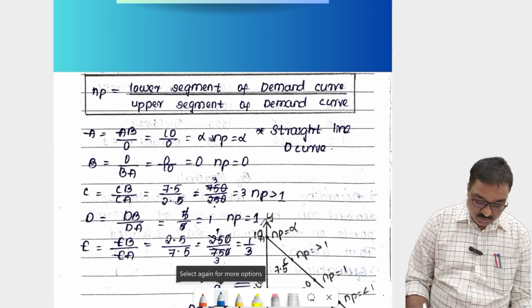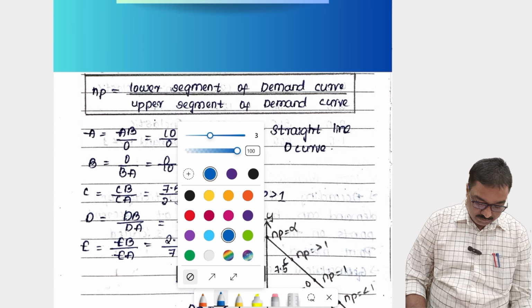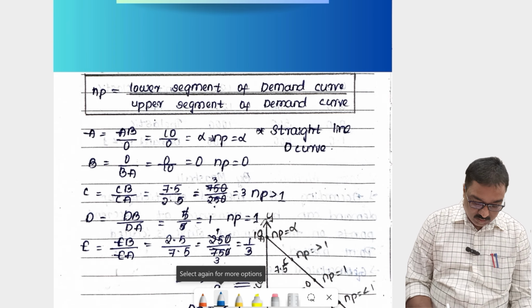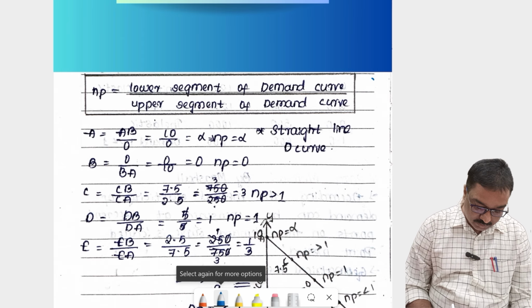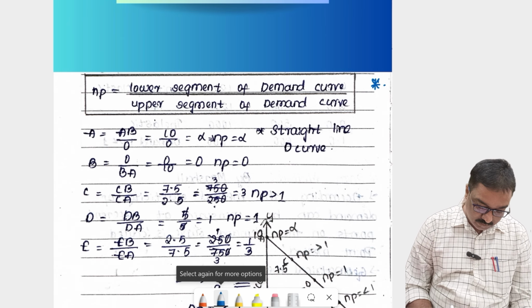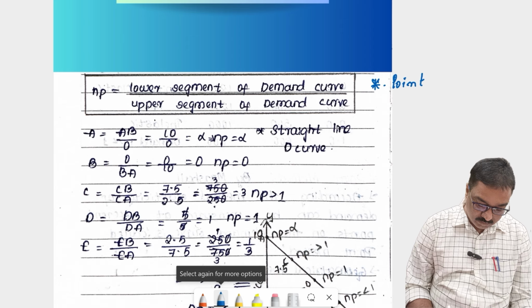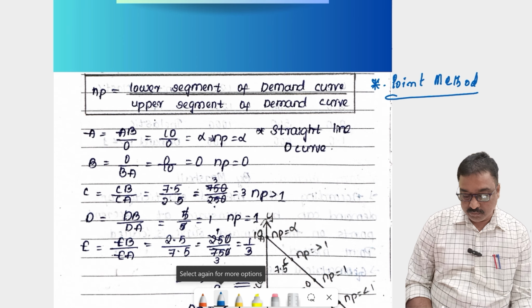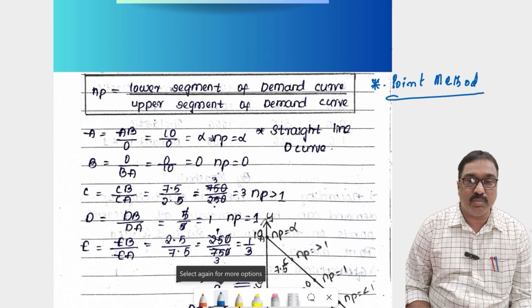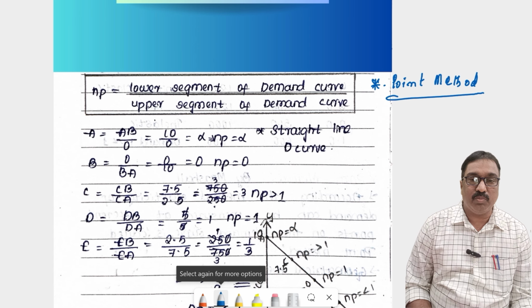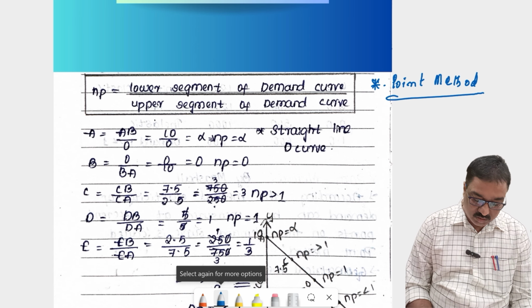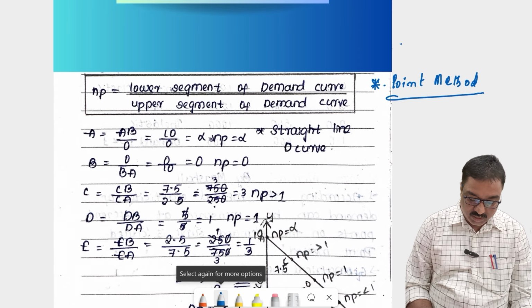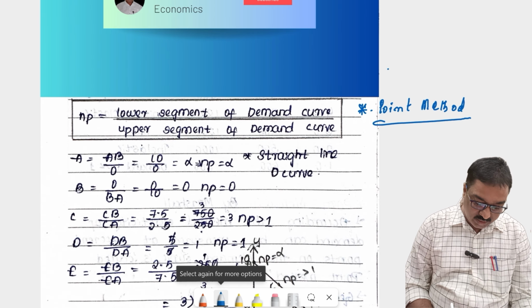So first, the point method. These are the methods to measure the price elasticity of demand. These methods are very important.